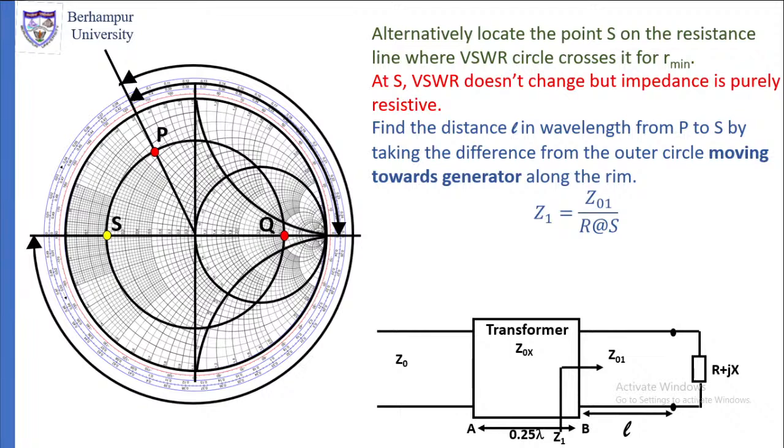So add 0.25 lambda to the previous one. That will give us this.